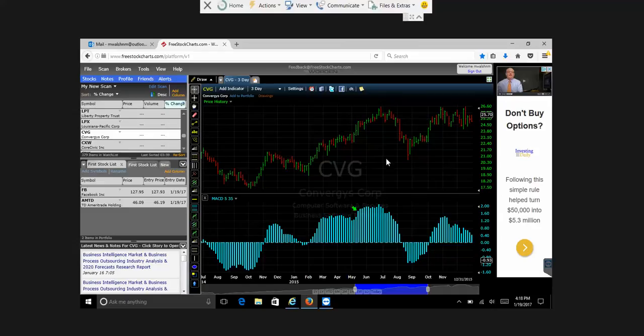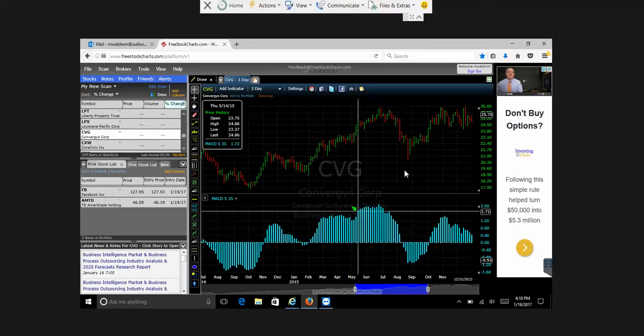All right. Remember, you show me the entry again. This is the entry price, this green arrow. We entered at 23.75. Let's back up. That's where it became eligible.